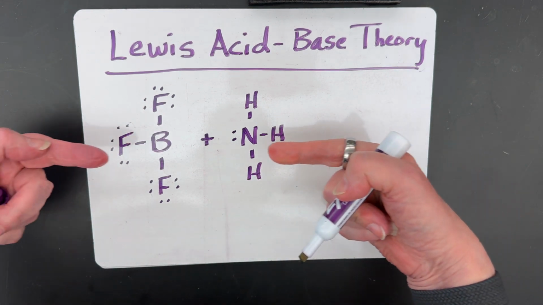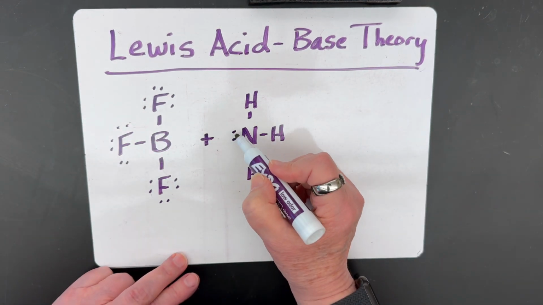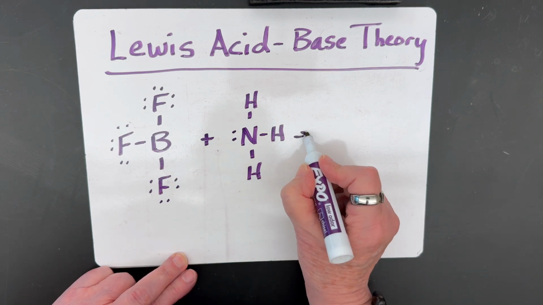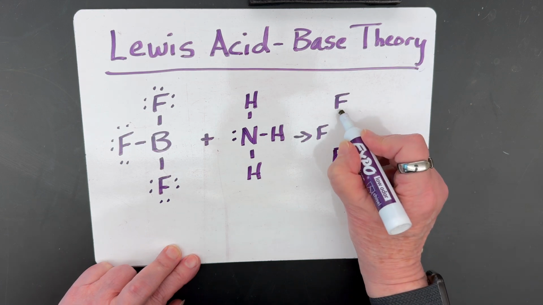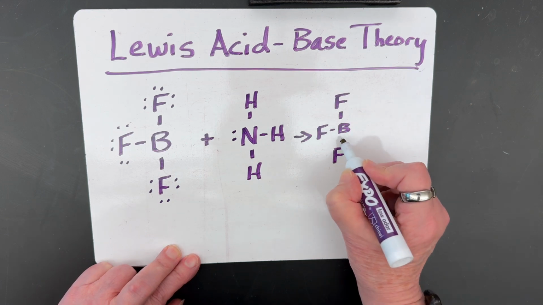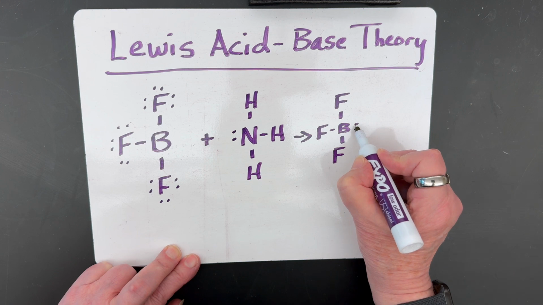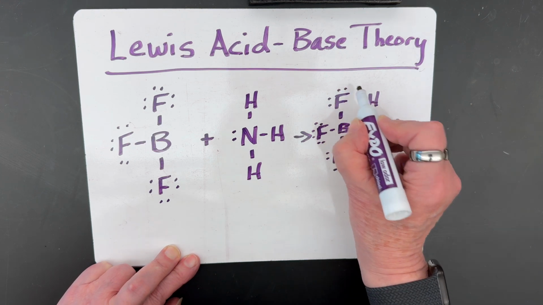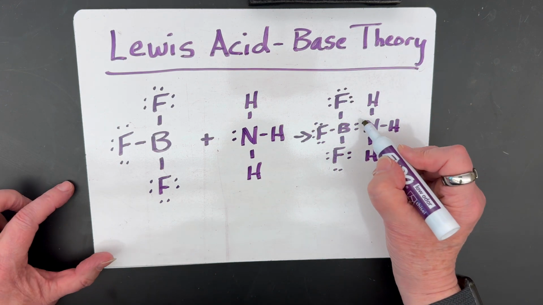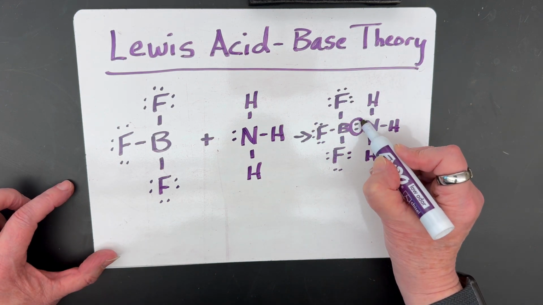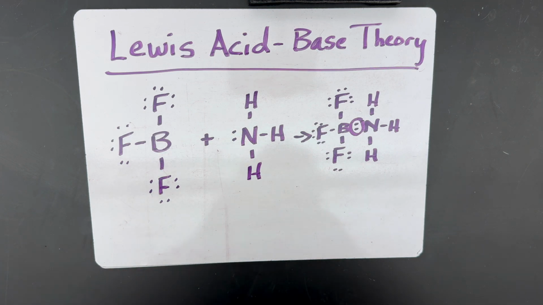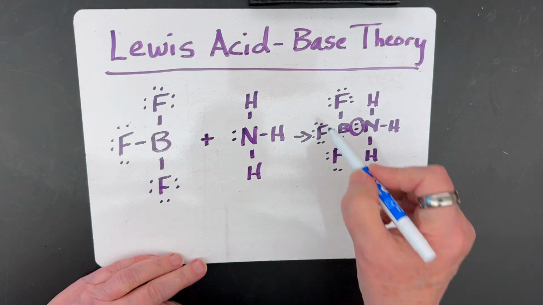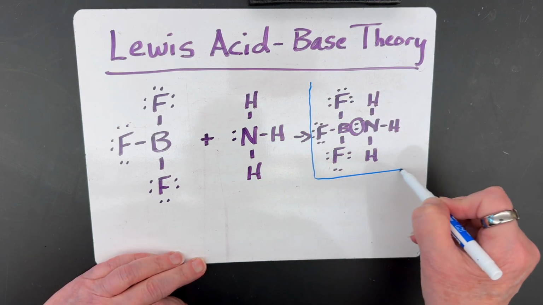And so these two things can come together, and these two electrons can plug into this open orbital right here, and you'll end up with your BF3, and these two electrons came from the N. And so right here, these two electrons plug into that open spot, and we end up with this one big molecule here.